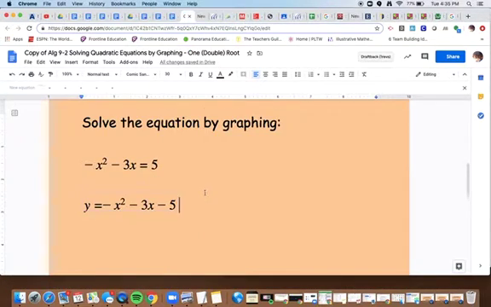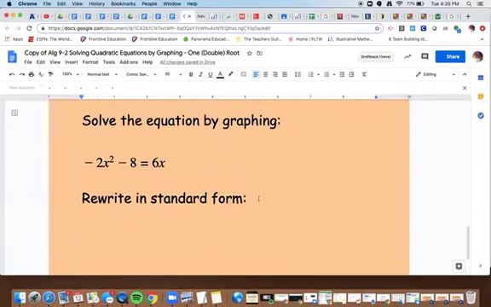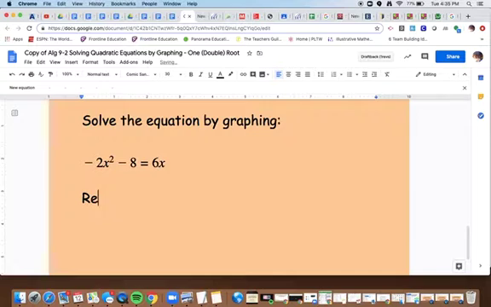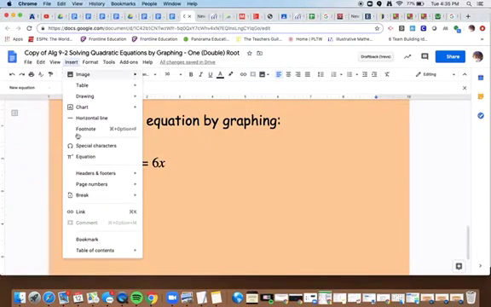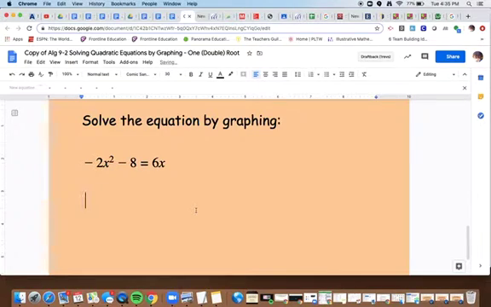Okay, let's take a look at another one. You've got negative 2x squared minus 8 equals 6x. So let's rewrite this one as y is equal to negative 2x squared, then our minus 8, and then we'll move our 6x over to the other side. Because it's positive here, when it gets moved over to the other side, it will take on a negative sign.